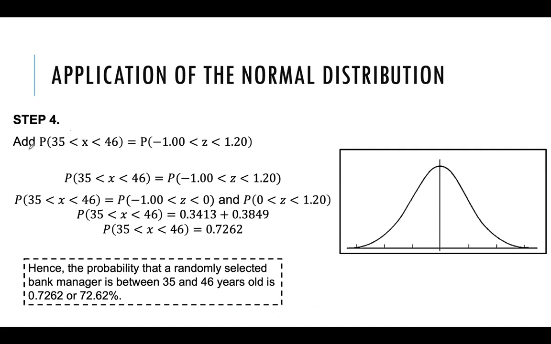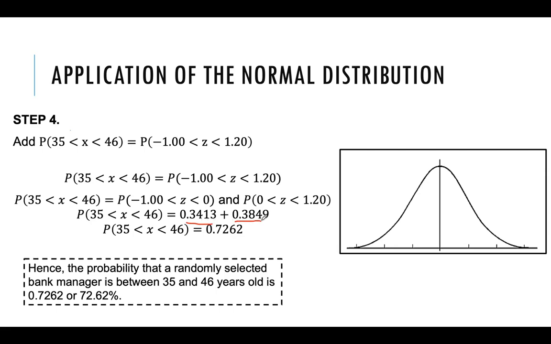So we add the probability area for negative 1.00 and the probability area for 1.20.